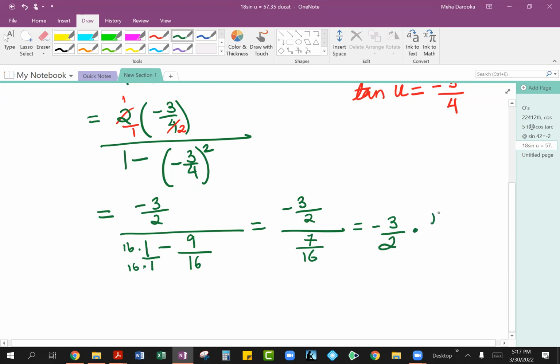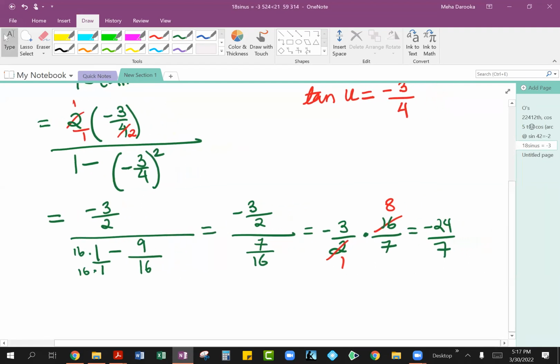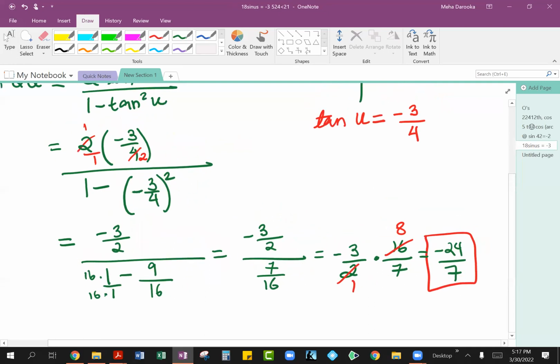Change division to multiplication, invert the denominator fraction, and clean that up. 2 goes into itself once, 2 goes into 16 8 times, and let's see what will that give us. Negative 24 over 7. Yeah. And we can't reduce anything down because 7 does not go into 8 or 3. And you can find your exact value.